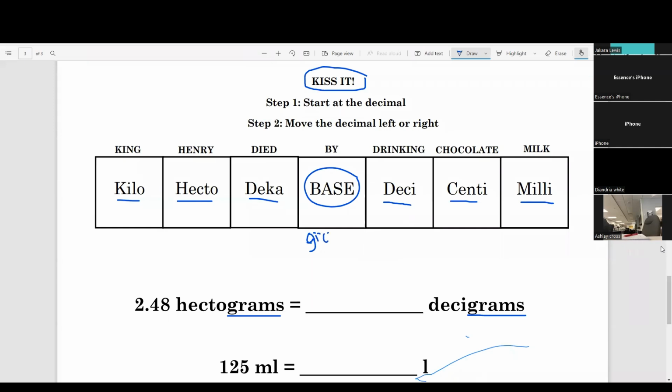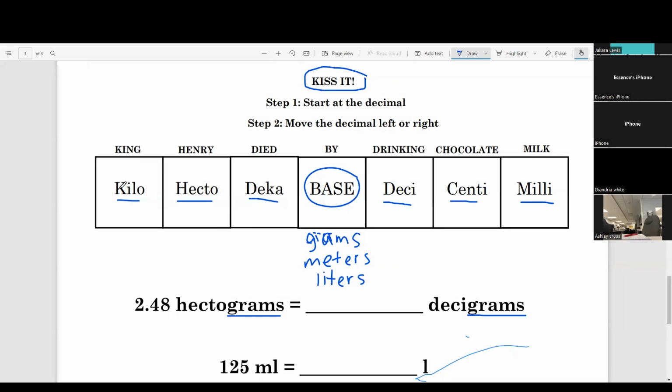It's going to be grams, meters, and liters. Those are the base units that all of these prefixes are going to be based on for this particular exam. So that's going to be the center.